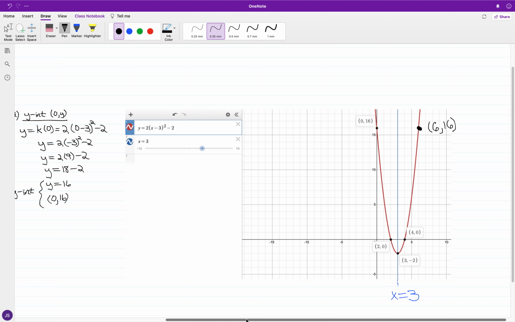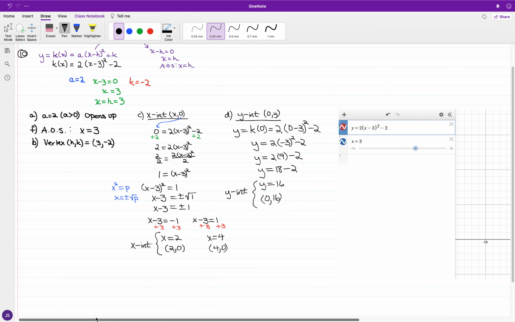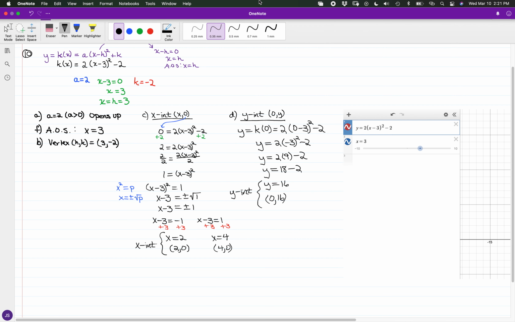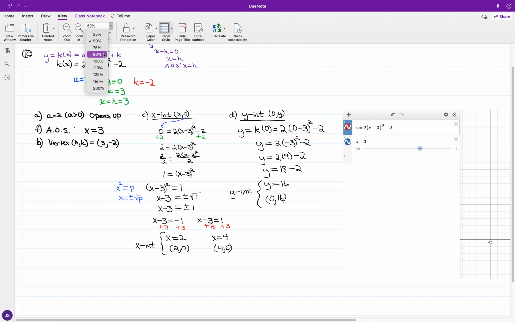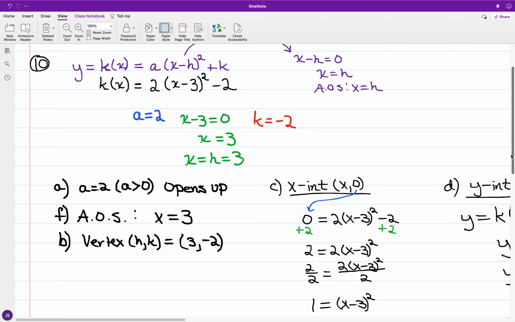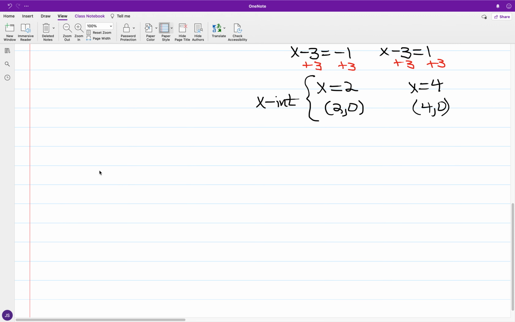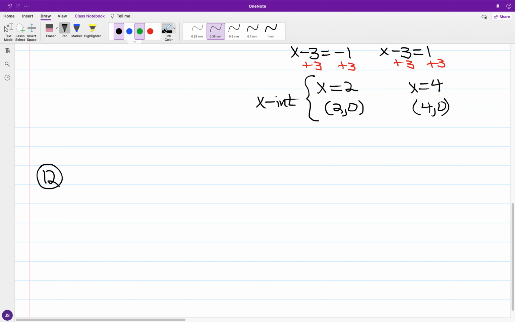All right, now with item number 12, in this one we have another quadratic function, and this is also provided in vertex form.